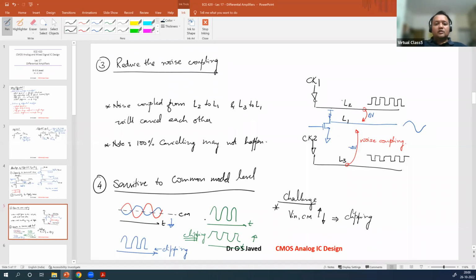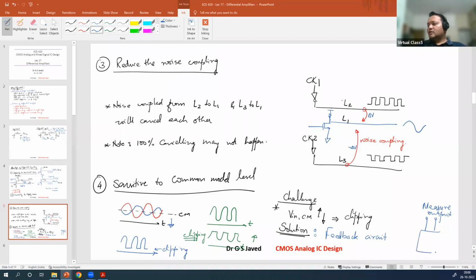Okay. So what do you do? A solution. The solution is, you add a feedback circuit, such that you measure the output values. Okay.